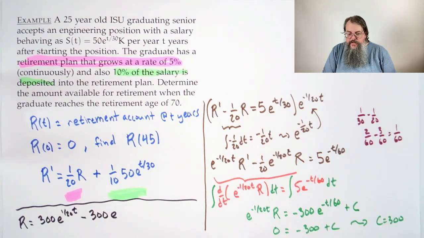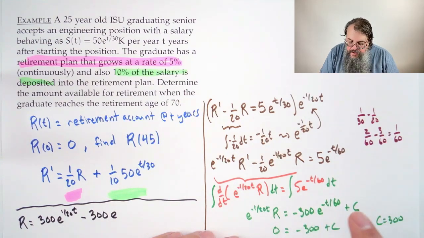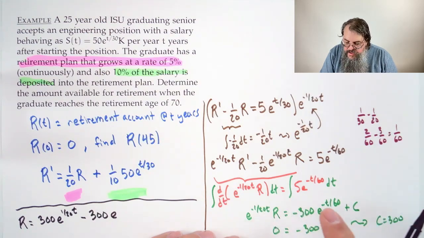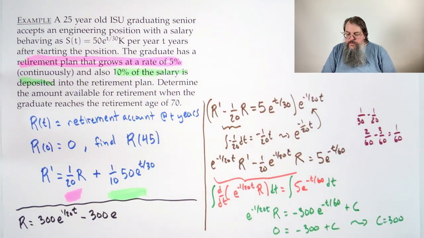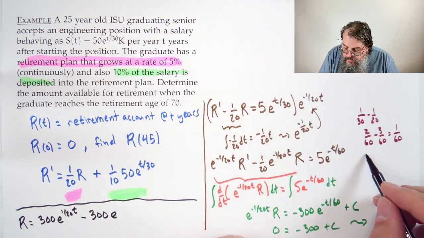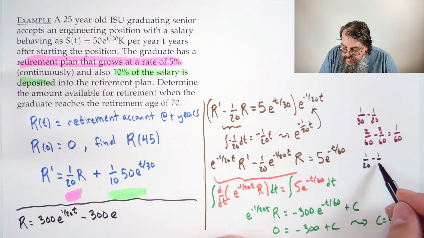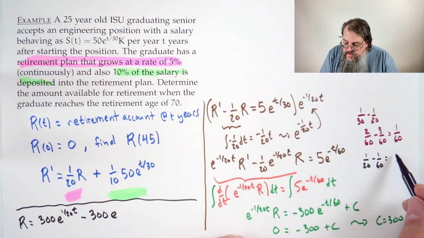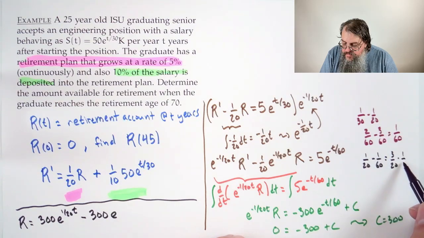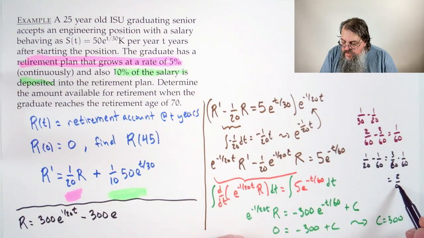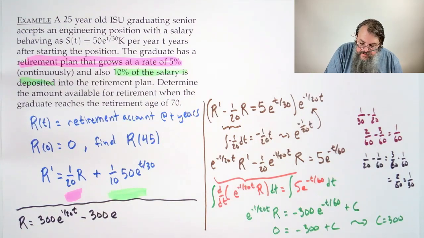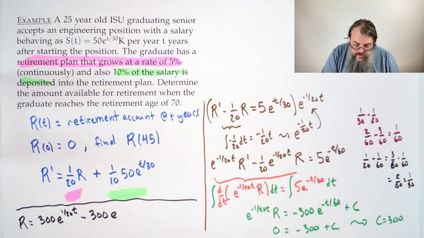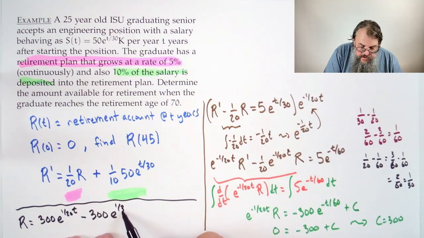And now you have to say, well, what's 1 over 20 subtract 1 over 60? Well, all right, we'll figure that out too. So 1 over 20 subtract 1 over 60. Well, that's 3 over 60 subtract 1 over 60, which is 2 over 60, which is 1 over 30. All right, so we have e to the 1 over 30 t.